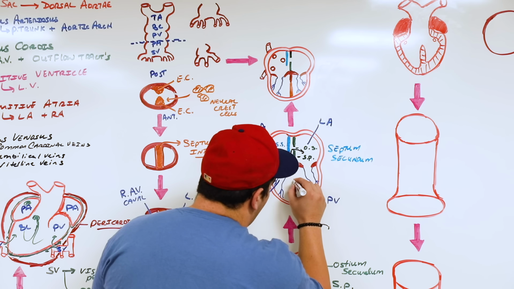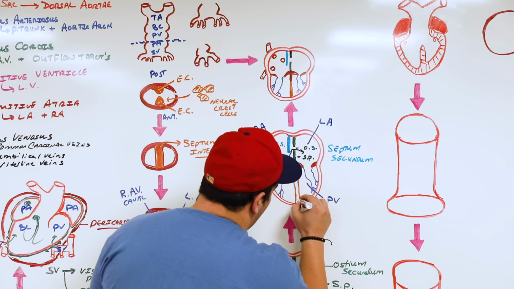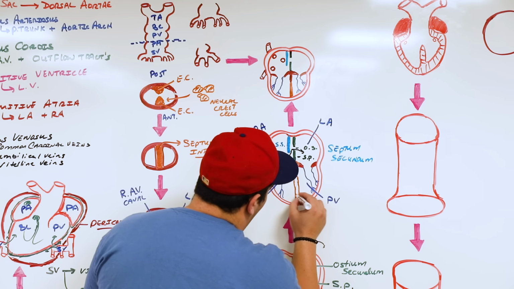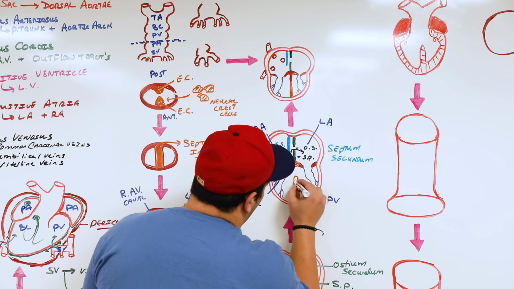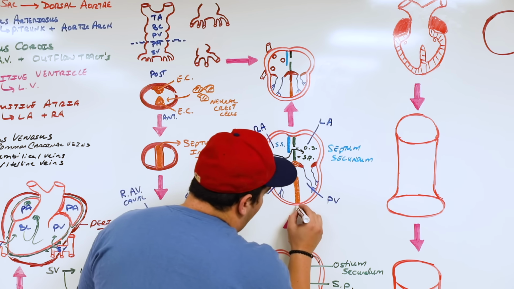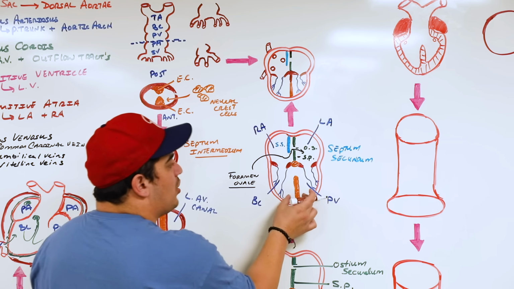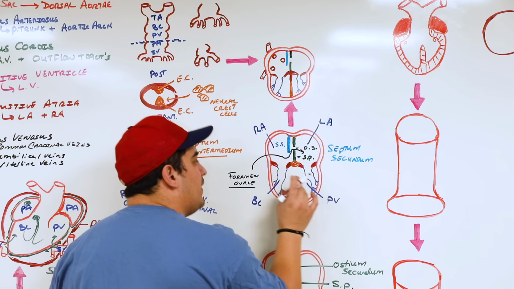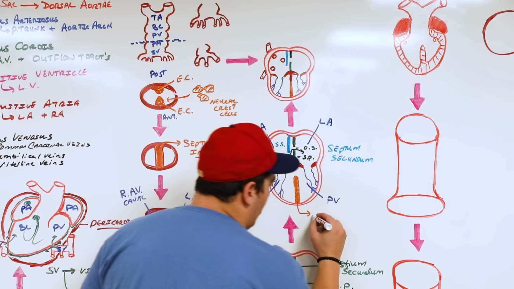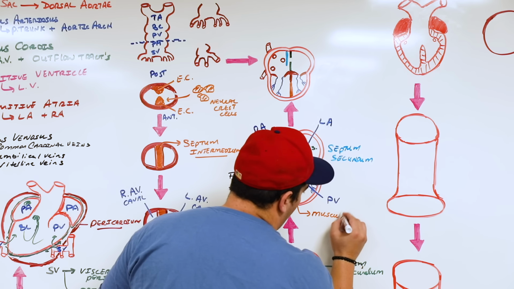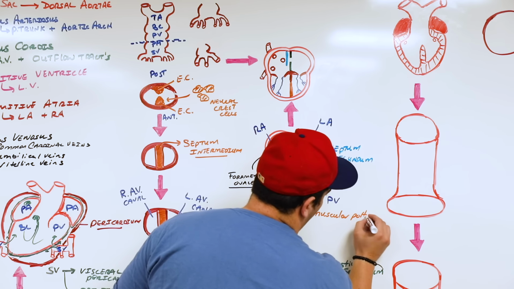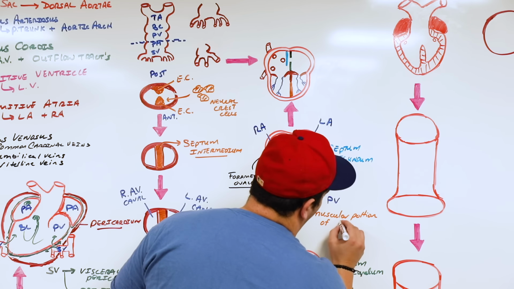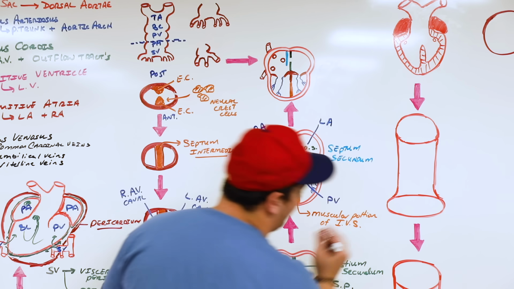And this tissue here, as it moves upwards, is given a particular name. We're trying to form another septum. But this septum that we're actually making here is called the muscular portion of the interventricular septum. What is this one here called? It's called the muscular portion, we're going to abbreviate this, of interventricular septum.